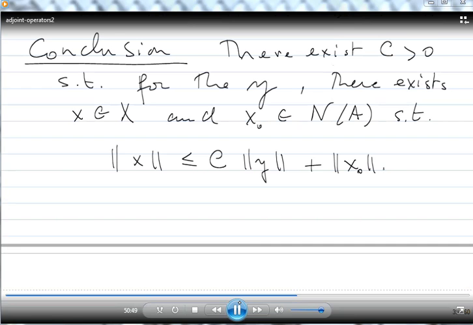So if y is equal to 0, x belongs to the null space, so this inequality is still valid. That's why it doesn't matter whether y is equal to 0 or not.